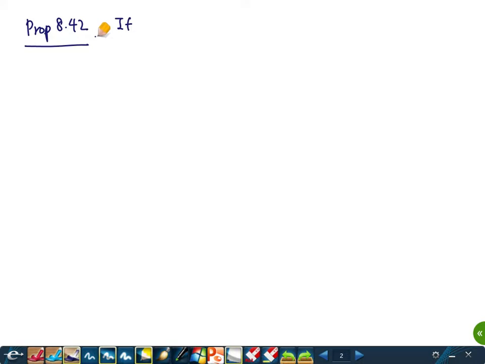So we have a root system. If mu is dominant, then W mu is less than or equal to mu for all Weyl group elements W.